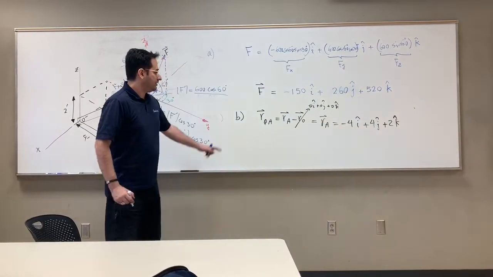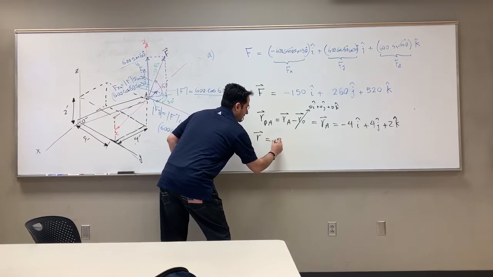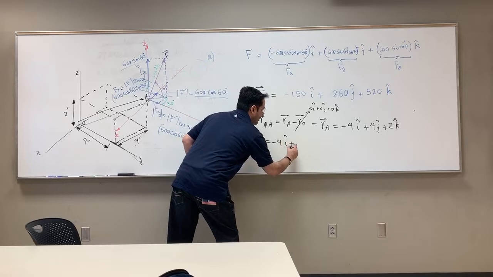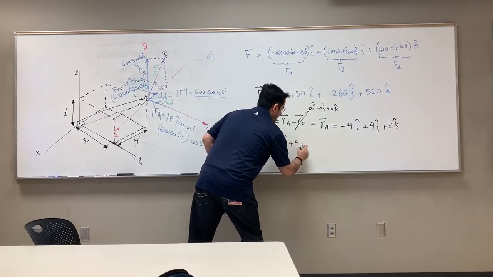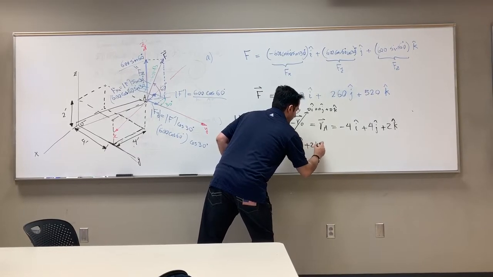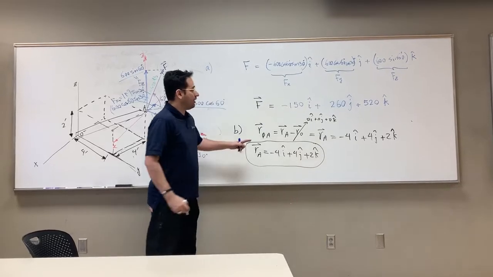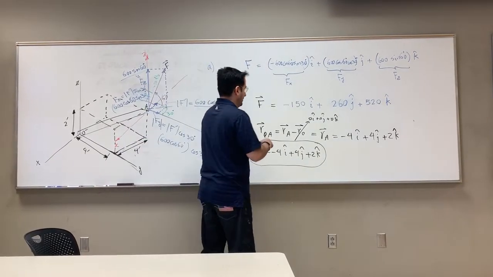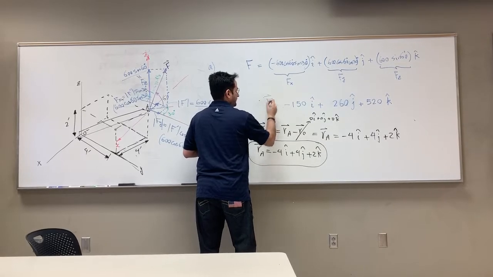So look, my position vector is equal to negative 4I plus 4j plus 2k. This is one of the vectors, and the other one is the force vector, right?